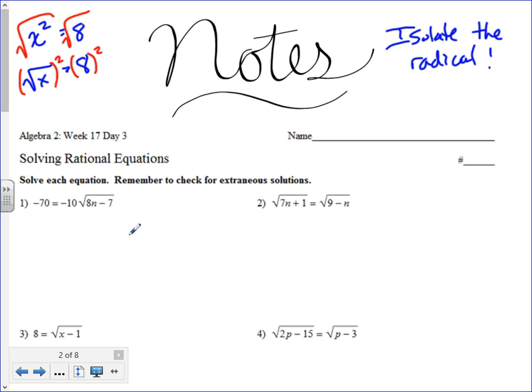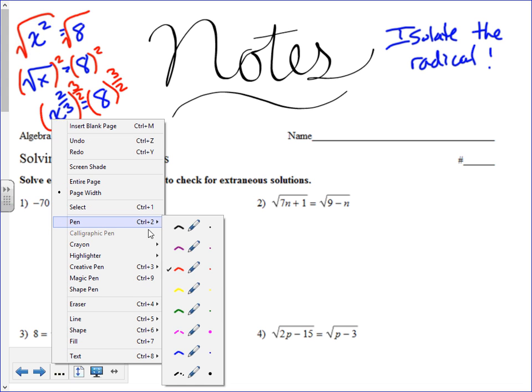We haven't done too many of these yet, but if it says x to the 2/3, what's the opposite of that? How do you cancel that out? The reciprocal. So you flip the fraction. And then they cancel out. One more.